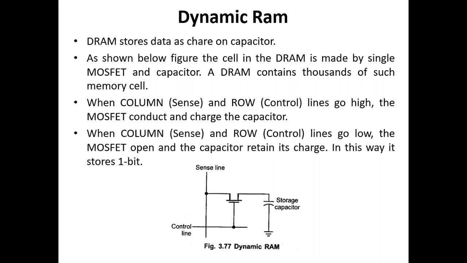When the column and row lines go high, the MOSFET conducts, charging the capacitor. When the column and row lines go low, the MOSFET opens and the capacitor retains its charge. In this way, it stores 1 bit. So this is the concept: when we charge the capacitor, it stores the value 1, and when it is discharged, the value is 0.